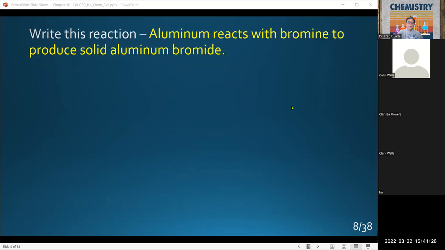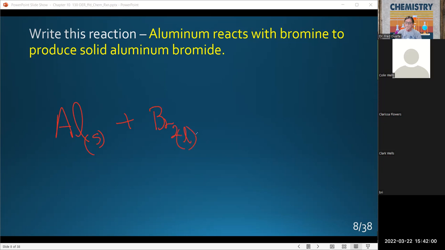All right, so let's try another one. In this scenario, they're asking about aluminum. Aluminum reacts with, so we can write aluminum. We know that we're talking about good old Al. Element aluminum is a solid, okay? Reacts with is a flag for plus, reacts with bromine. As with chlorine, bromine is diatomic, okay?